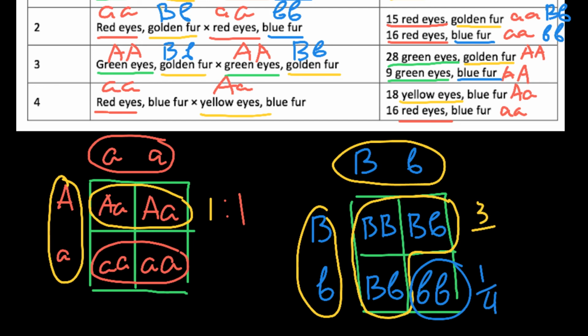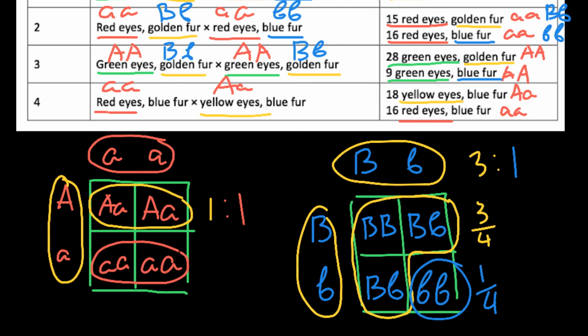So a 3:1 ratio. And this is what we see here: 3 has 28:9, which is the same as 3:1. Or we can also say that 3/4 would have golden fur and 1/4 would have blue fur.